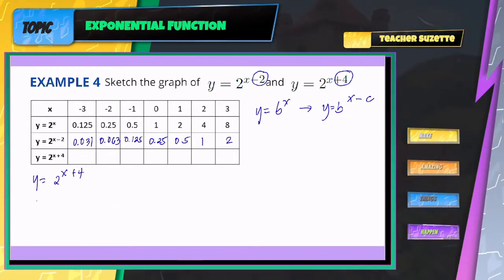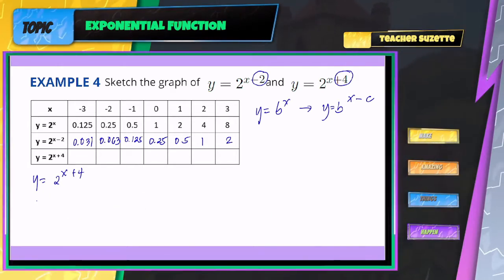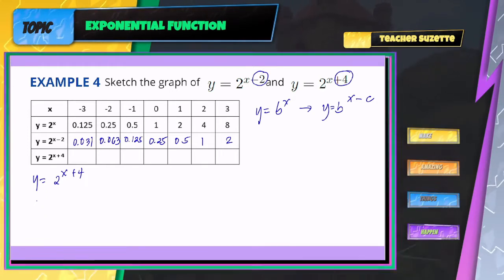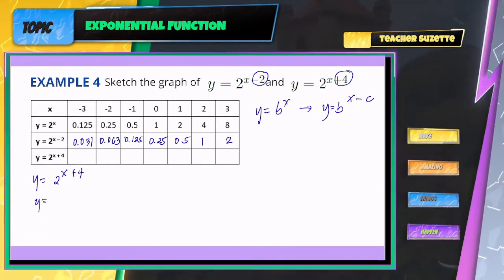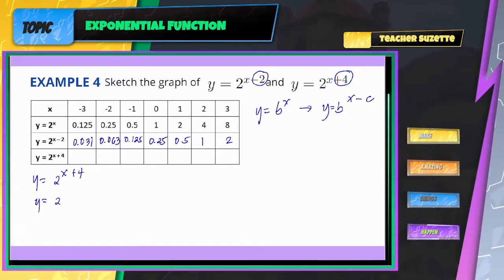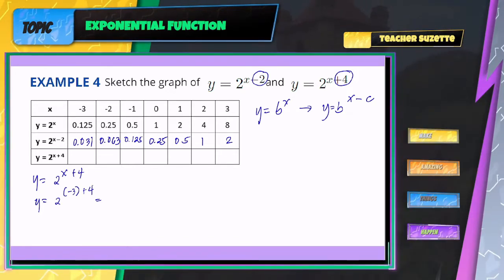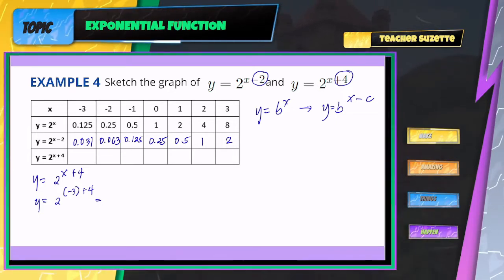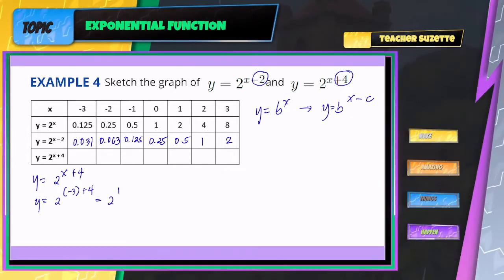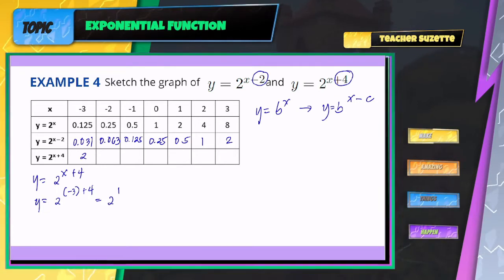So, let's continue. How about naman po if we have y is equal to 2 raised to x plus 4? Let's have y is equal to 2 raised to negative 3 plus 4. And negative 3 plus 4 is equal to 1, so 2 raised to 1 is equal to 2.